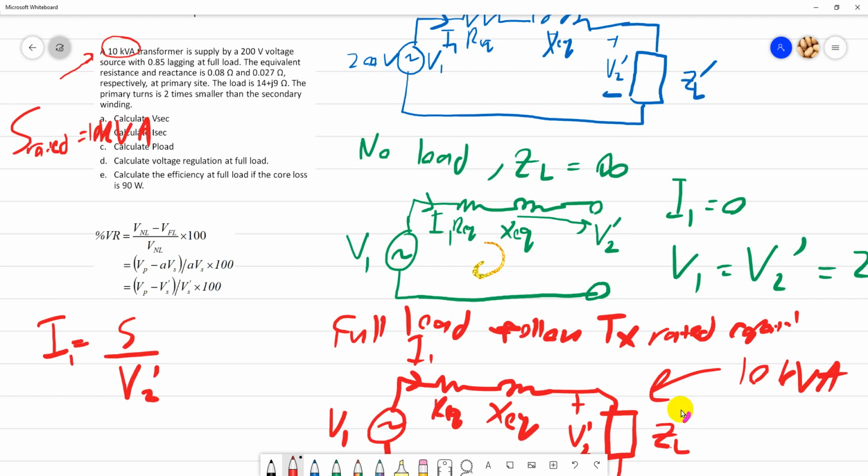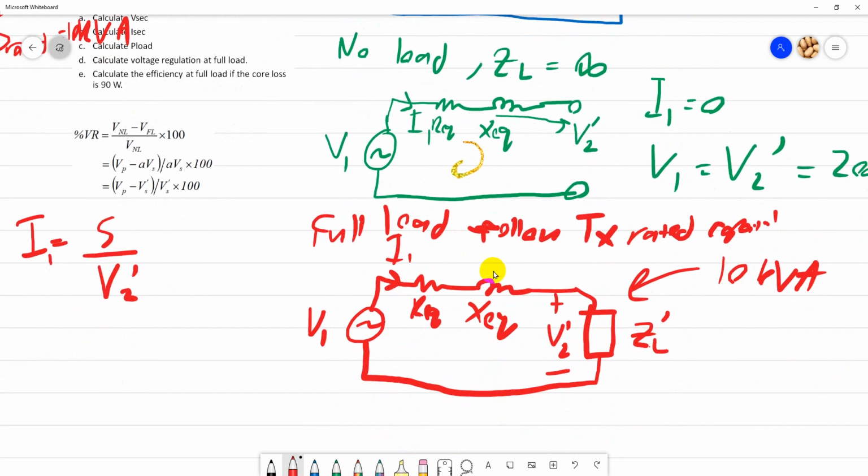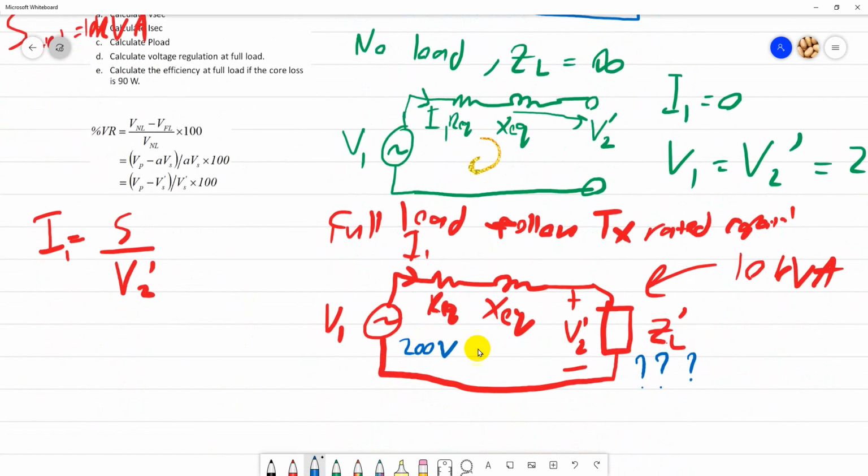But the problem right now is, if you assume this is 200 volt, you don't know what it is, because in the question we are told the input voltage is 200 and this one we don't know, so it is hard to calculate.